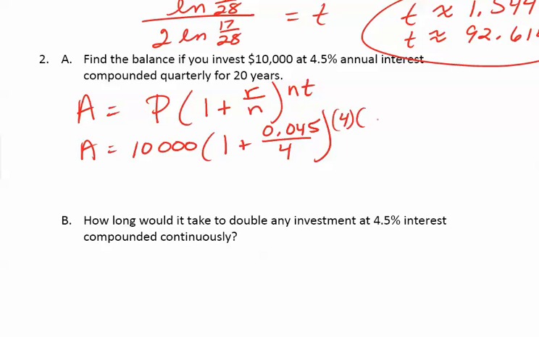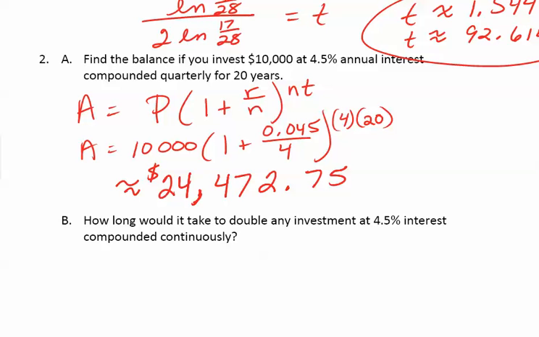In other words, this exponent tells you how many compoundings, how many times you're going to get interest. So the 4 times 20 is 80. All right, so grab a calculator, and if it's a money question, to be safe, you could still use your 3 decimal places, but it's fine for money problems to round to dollars and cents.